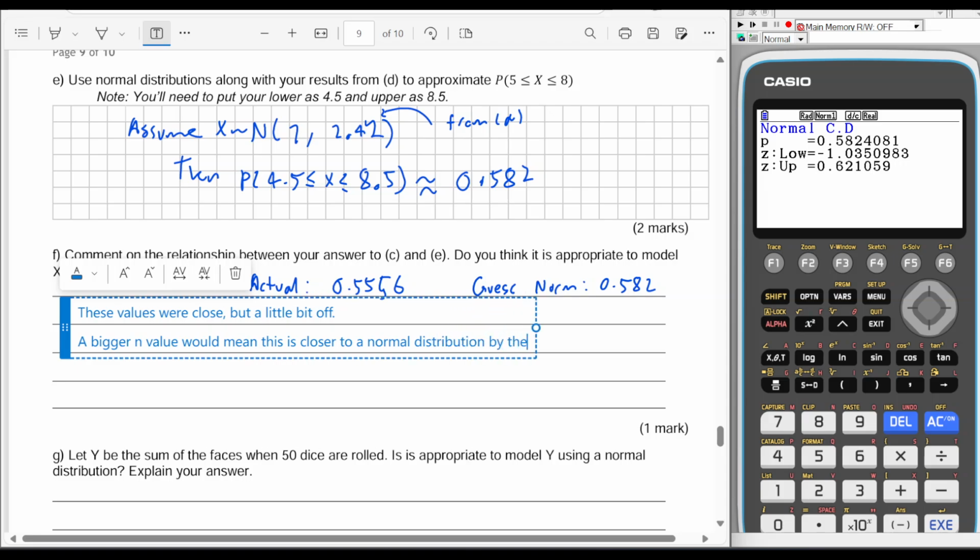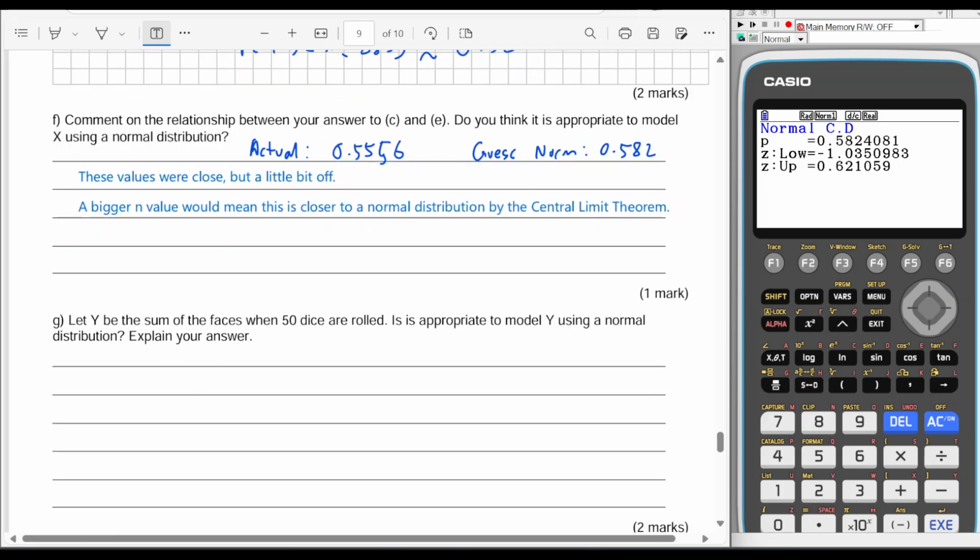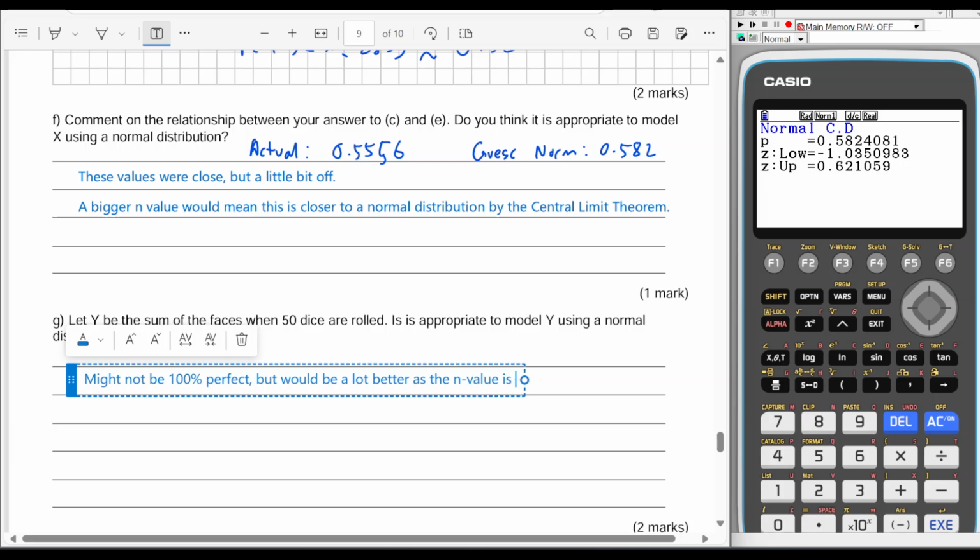I'm just going to say by the central limit theorem, but I'm not going to give too much about the specifics of N and P. But if there are 50 dice rolled, so this might not be 100% perfect, but would be a lot better as the N value is much larger by the central limit theorem.